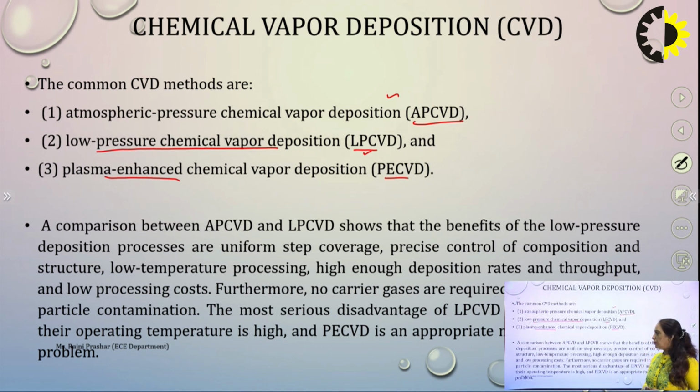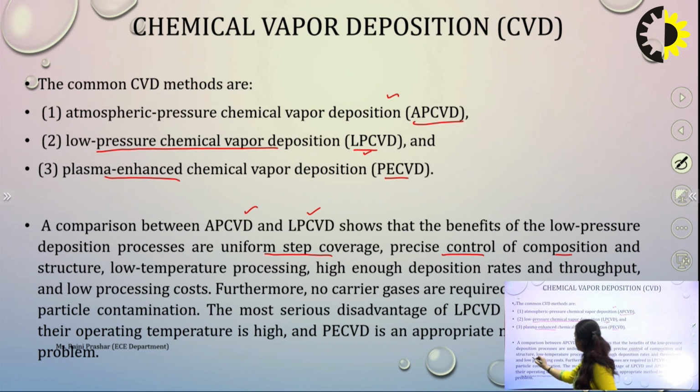So if you compare the two techniques, APCVD and LPCVD, it shows the benefits of the low pressure deposition process. It will have uniform step coverage, precise control of composition and structure, and it is a very low temperature process.